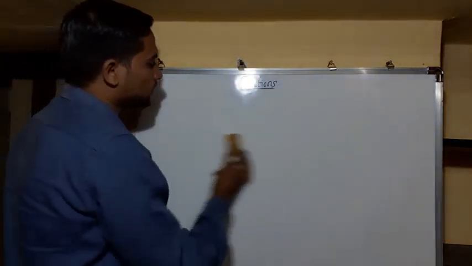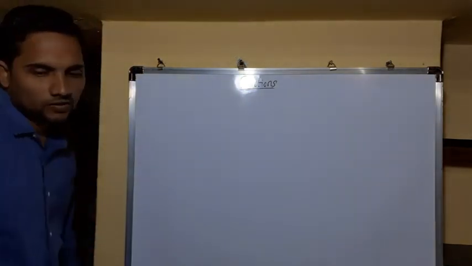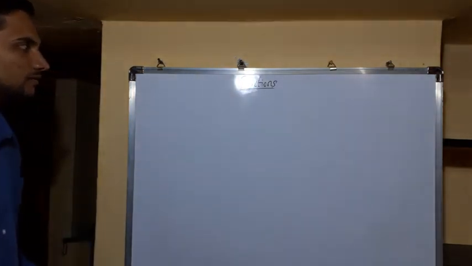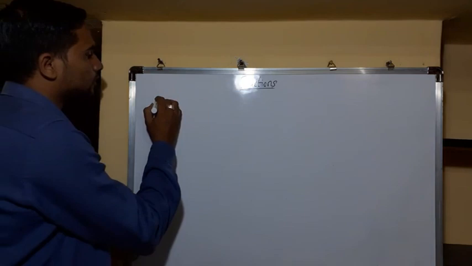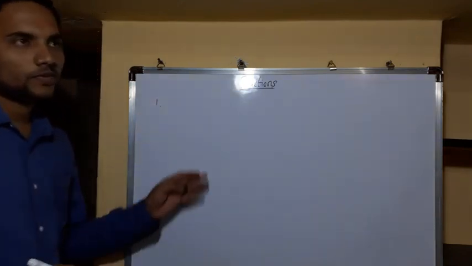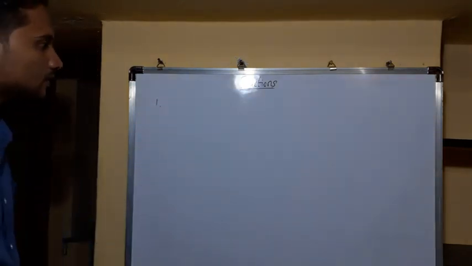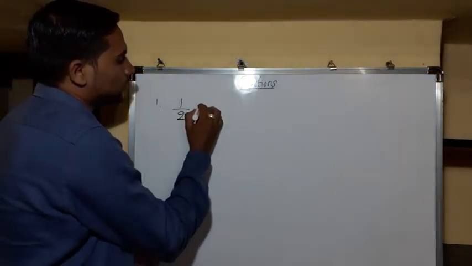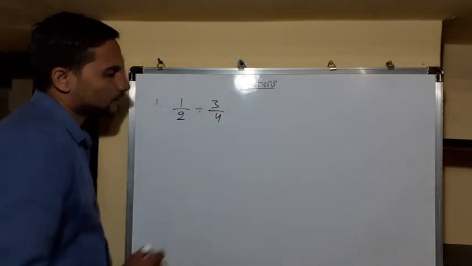Next, one more concept is there, friends, that is the division concept. Actually we have seen this concept in my previous video itself, but I just wanted to make some clarification because some of the students will feel difficulty whenever it comes in the examinations. See here, 1 by 2 divided by 3 by 4.